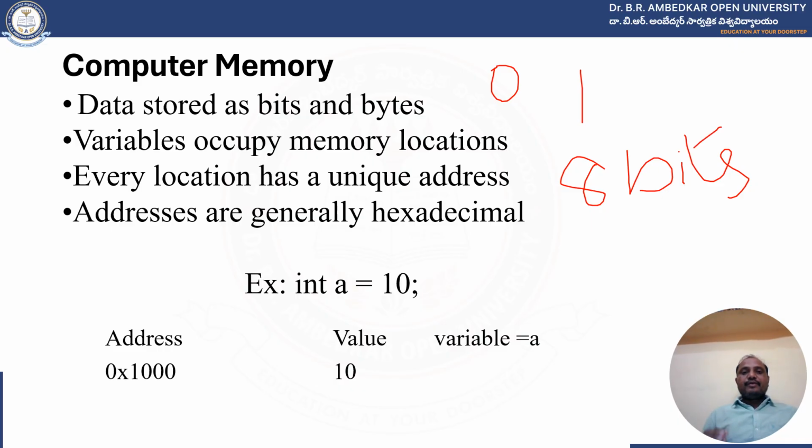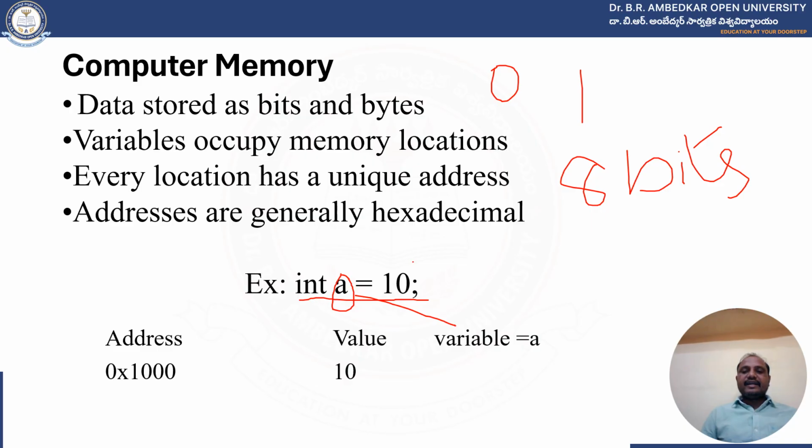Variables occupy memory locations. Every location has a unique address, and addresses are generally in hexadecimal format. If you take one example here, int a equal to 10. Here a is a variable, and 10 is the value stored in the variable a. int is a data type here, as we already know.